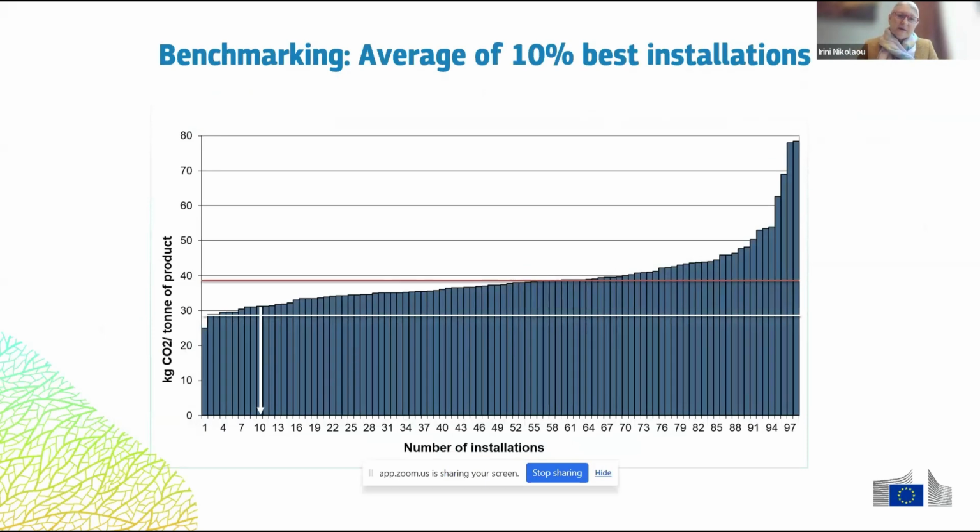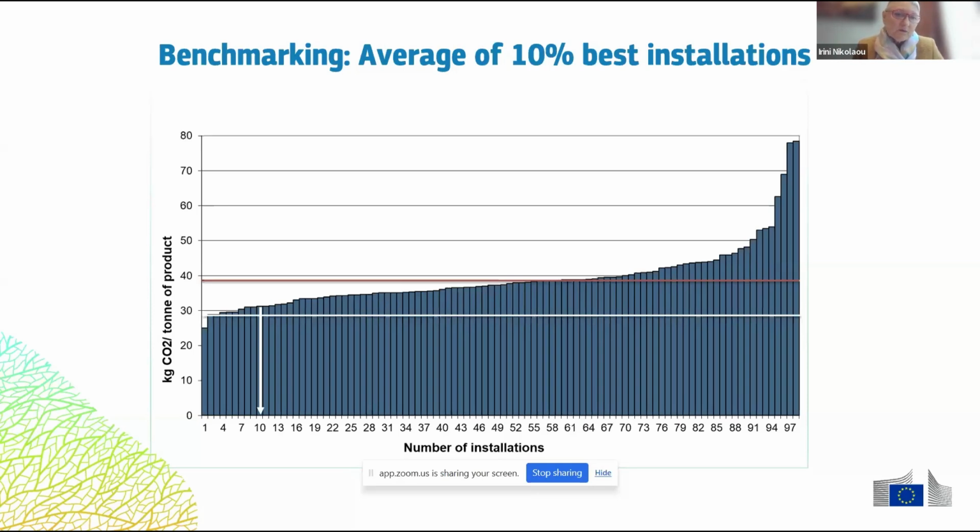And let's see what the benchmarking means. In the EU, we decided to take the 10% best installations. Here in this product benchmark, we have 98 sub-installations that produce, for example, color glass. Therefore, 10% is 9.7, that means 10 installations.